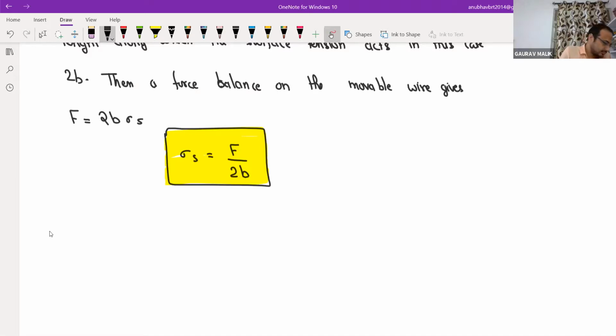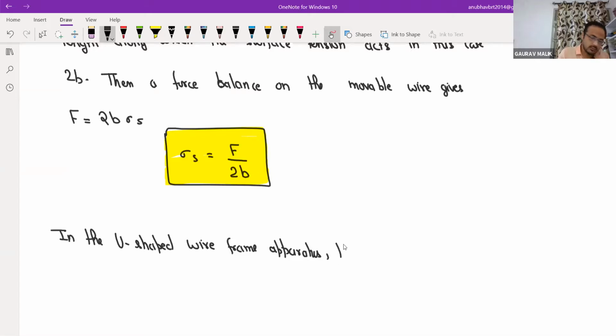Now next, in the U-shaped wire frame apparatus, the movable wire is pulled.